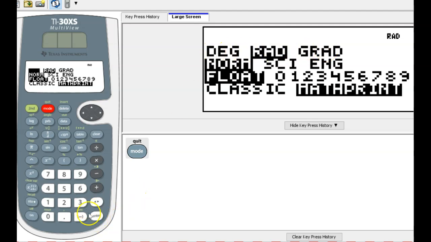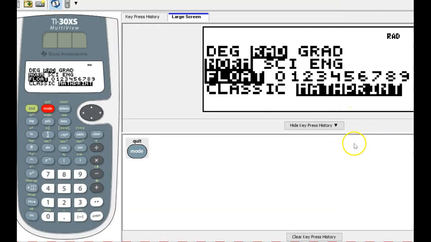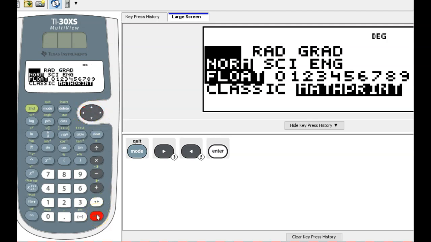We are going to hit enter to get it to switch to degrees. And now you see it has switched to degrees. It didn't take my first one. So that's going to be your first way to check that.